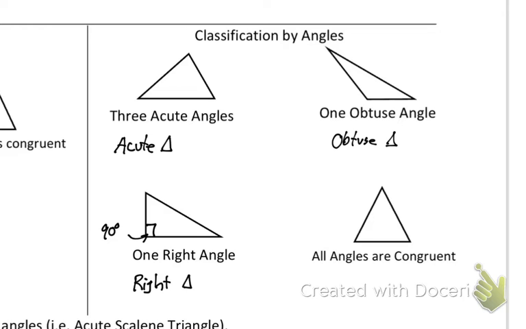Oof. Now we get to the worst name of them all. All angles are congruent. That means we put a little symbol right there. Anyone want to take a shot at the name of a triangle that has all equal angles? Yeah, congruent. I wish we did that. It actually becomes an equilateral triangle.